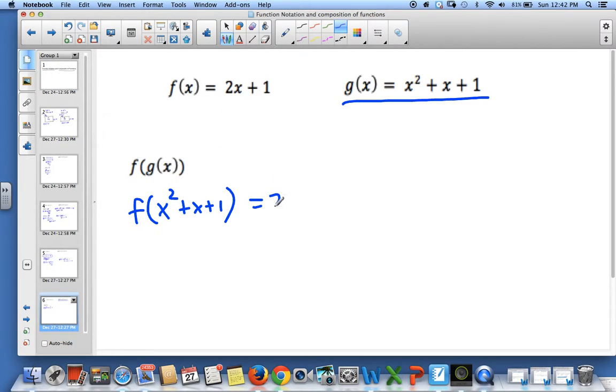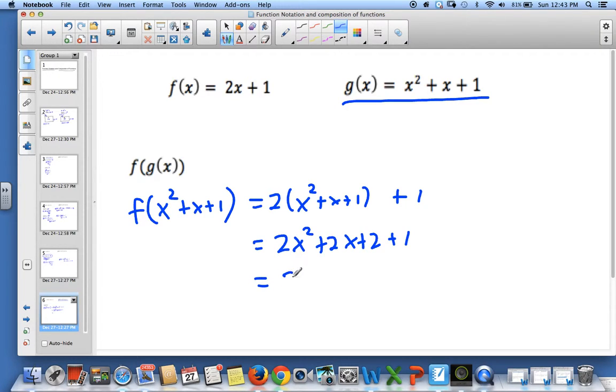So that becomes 2 times the parentheses x squared plus x plus 1, and then plus 1. 2 times this whole thing is what's replacing the x. So that becomes 2x squared plus 2x plus 2 plus 1, which is 2x squared plus 2x plus 3. So that would be my answer to that. 2x squared plus 2x plus 3.